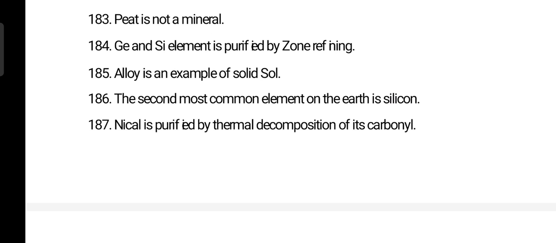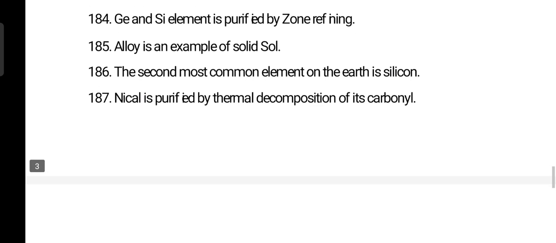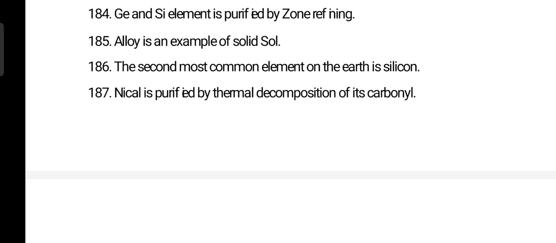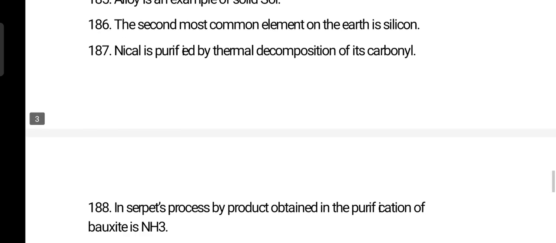Ge and Si are purified by zone refining. Alloy is an example of a solid solution. The second most common element on the earth is silicon.